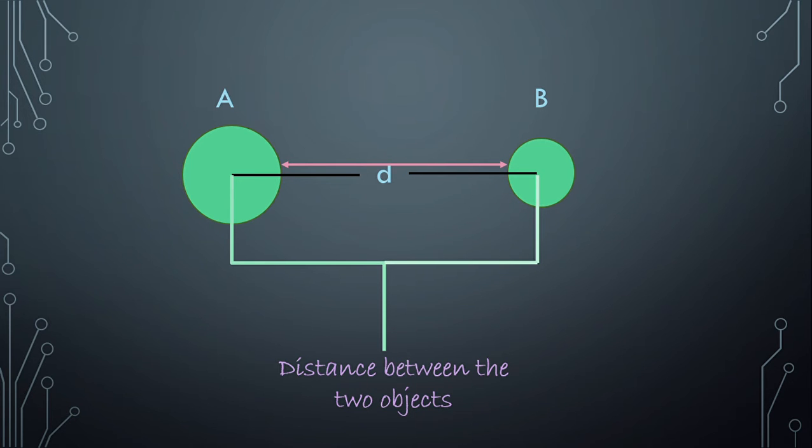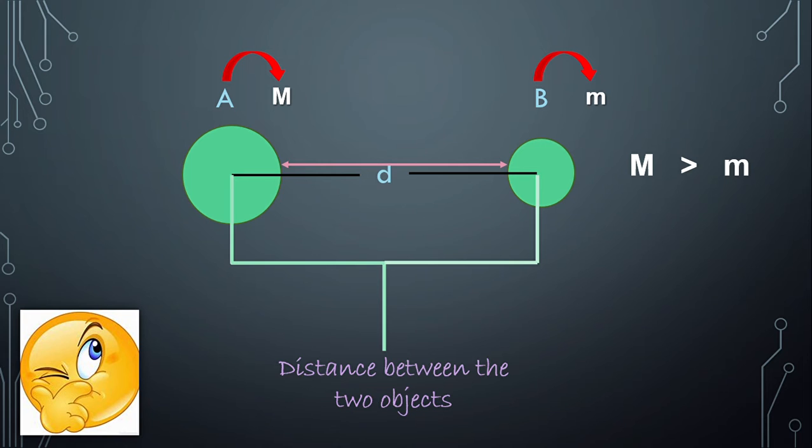Assume that the mass of object A is capital M and the mass of object B is small m. As object A is bigger, let's assume capital M is bigger than small m.